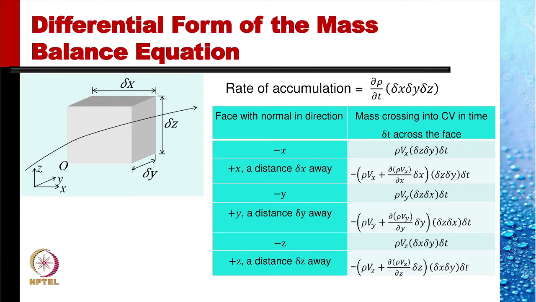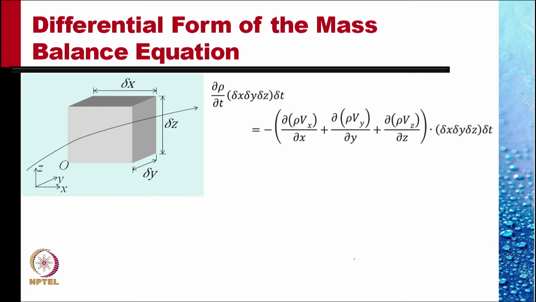The net influx is obtained by adding these 6 terms, so that the accumulation del rho by del t times the volume times delta t is given by the remaining terms of the efflux, with the negative sign for converting this into influx.